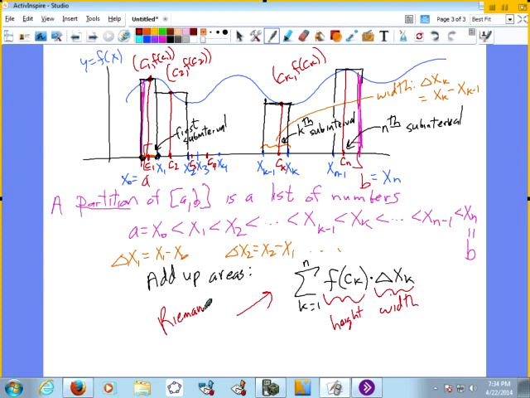This is called a Riemann sum for the area under f of x on the interval from a to b, or just the Riemann sum of the function f on the interval from a to b.